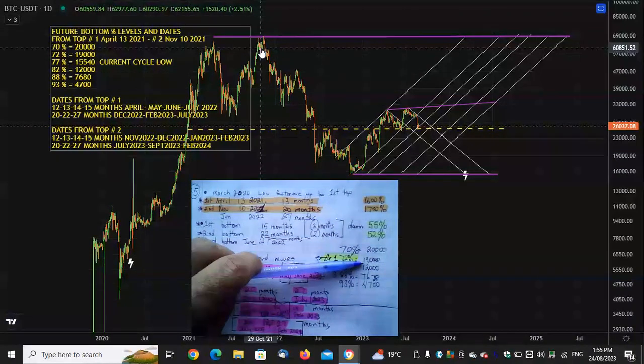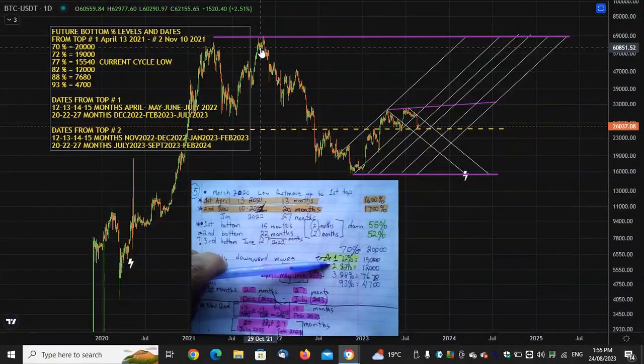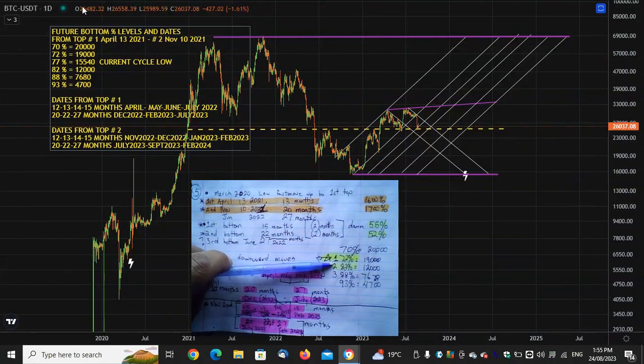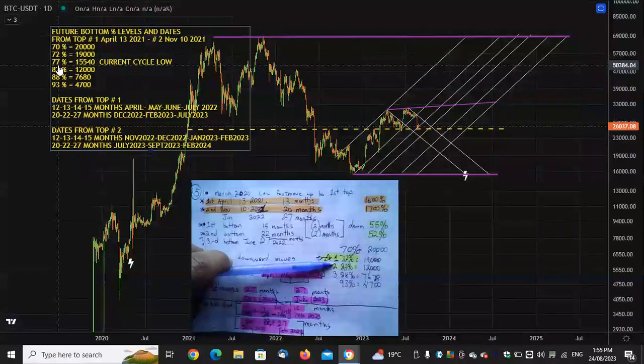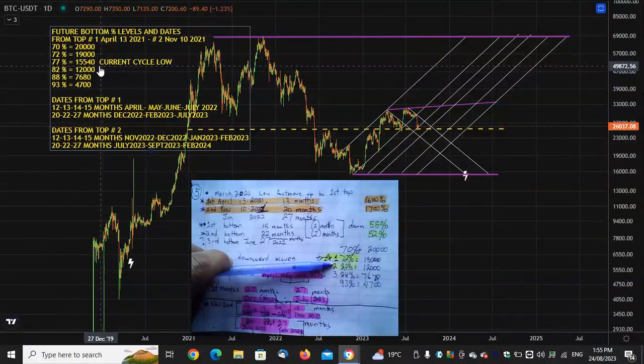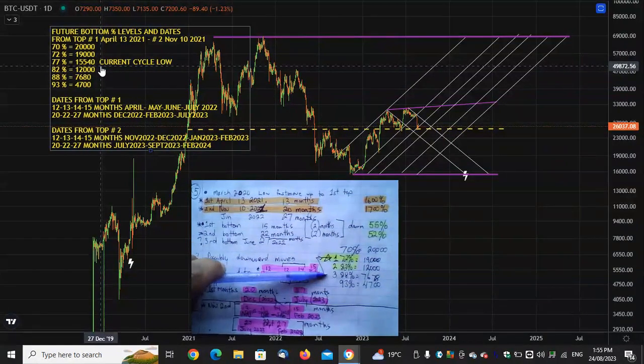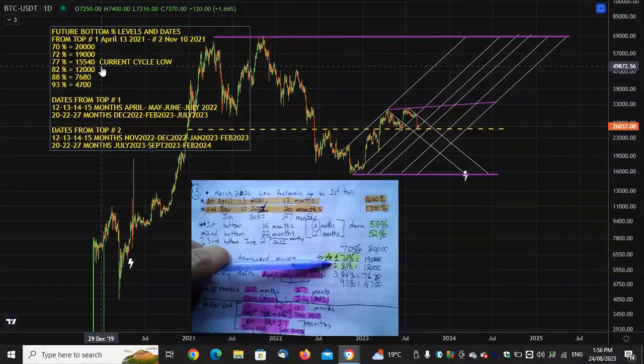We've had 15,000 there, and of course, 15,000 is our current market low. It's 77%. So that's our current low. From there, we could expect a possible pullback to 8,000. We're going to talk about all these things later on, but 15,000 will certainly be revisited, most likely.